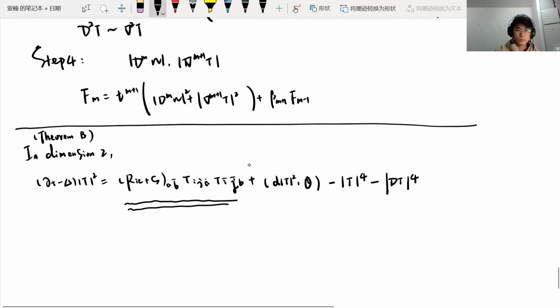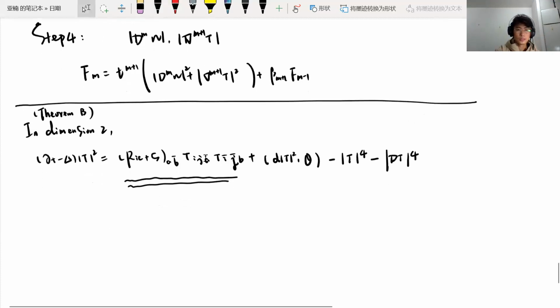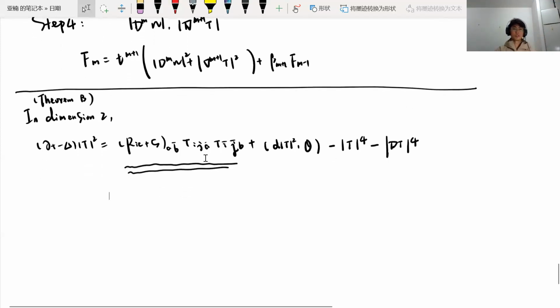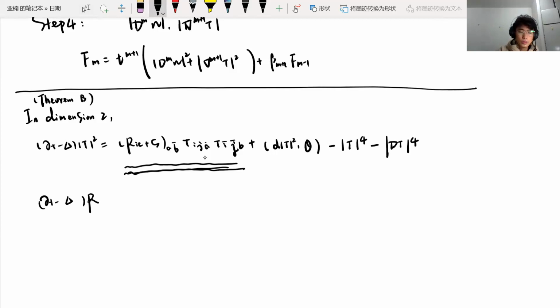And I'd like to talk about why we ask the question: if the scalar curvature is bounded, can we get the estimate of the torsion? Because this term appears in the evolution equation of the scalar curvature. It will appear in the equation.